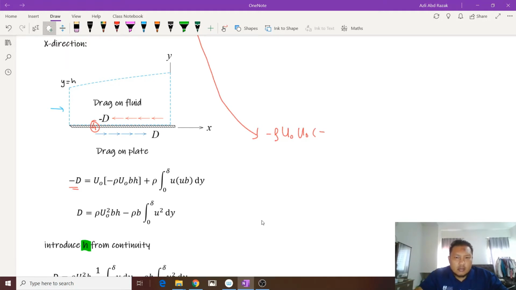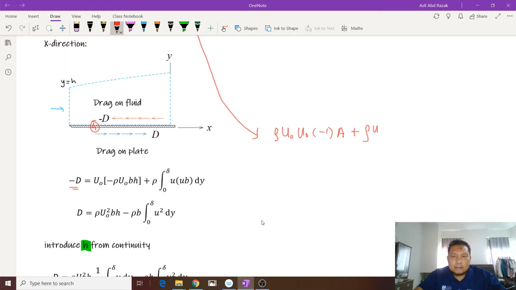So this is not minus, so we plus 1 and it is a minus 1. So we plus a minus 1 here. And then we plus, multiplied by the area, and again here we plus b. So we have rho. Again, we have the u, which is with respect also to the change of u due to the change of y.